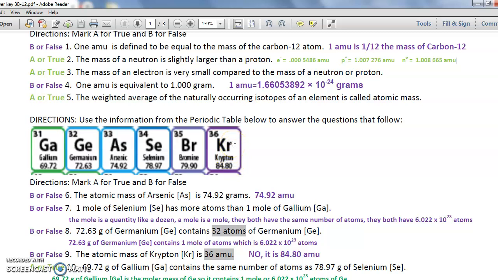So, for instance, krypton's average mass is 83.80 AMUs. But to have a mole of krypton atoms, we need to put 83.80 grams of krypton on the balance. And the advantage of a mole is we know how many atoms there are.